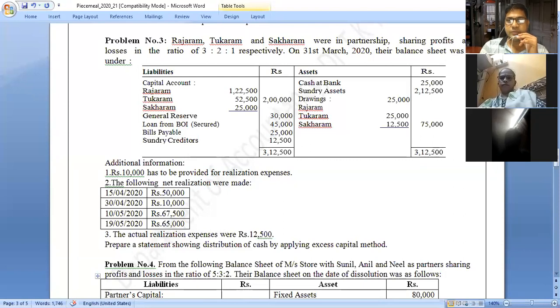Then Tukaram's adjusted capital was 37,500 divided by 2, his profit sharing ratio. We will get unit capital 18,750. And Sakaram's adjusted capital was 17,500 divided by 1. The same amount is considered as a unit capital.